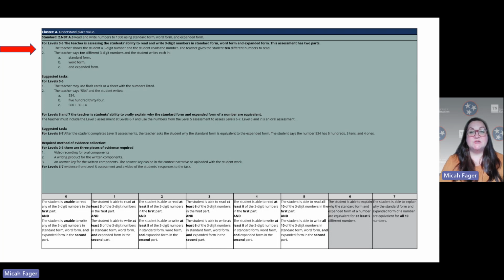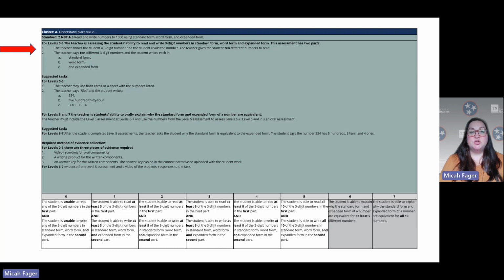This assessment has two parts. In the first part, the teacher will show the student a three-digit number and the student will read the number. The teacher gives the student 10 different numbers to read. For the second part, the teacher says 10 different three-digit numbers, and then the student writes the number.